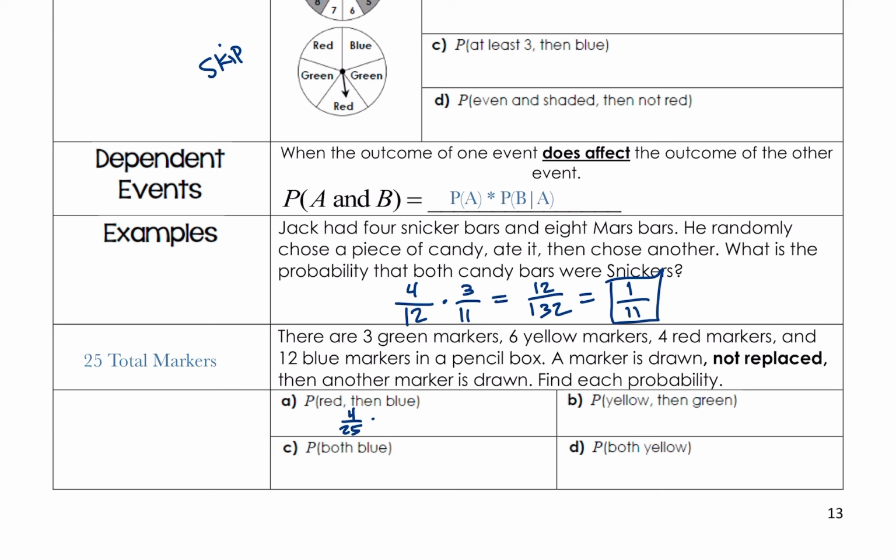We no longer have 25. And now we're going to multiply that by the probability of a blue marker. We've got 12 blue markers still, but we have 24 markers instead of 25. When we multiply those together, we get 48 over 600, which simplifies down to 2 over 25.